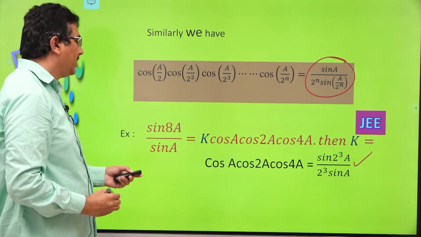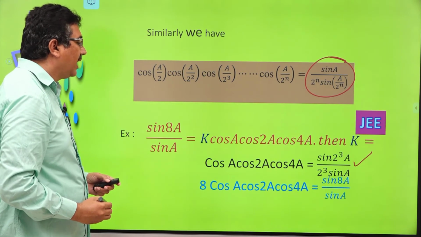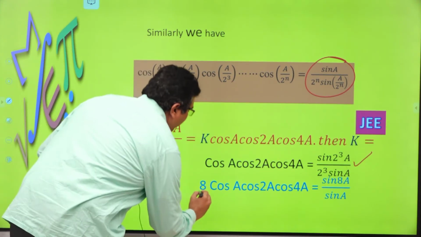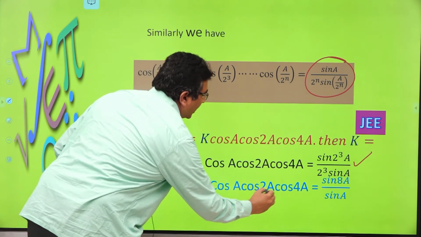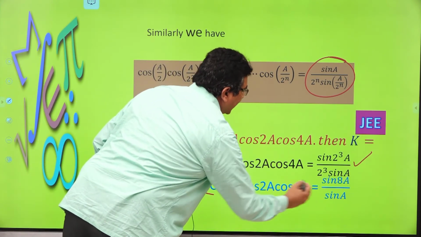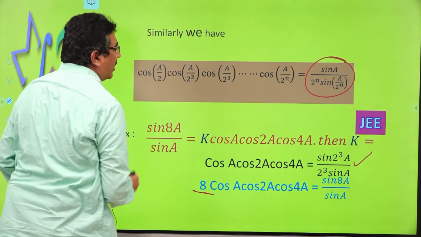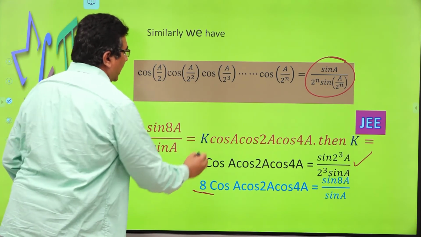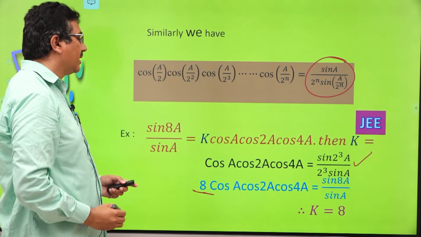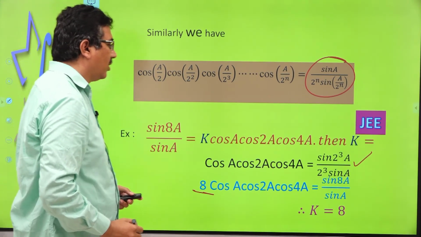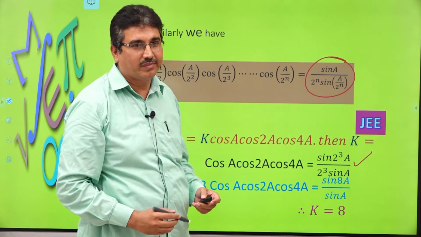From this, 8 cos a, cos 2a, cos 4a, that is, k cos a, cos 2a, cos 4a is equal to sin 8a by sin a. Right? Comparing these two, we have k is equal to 8. Okay, thank you.